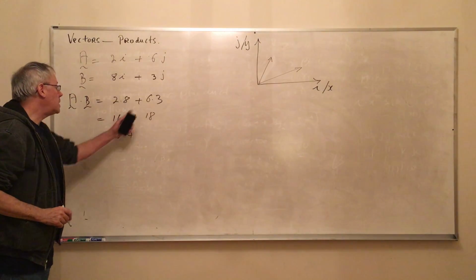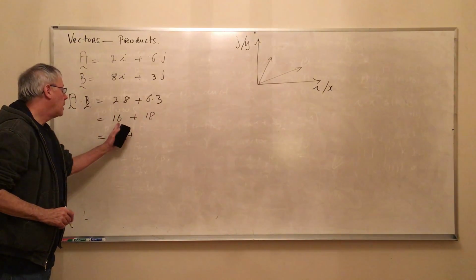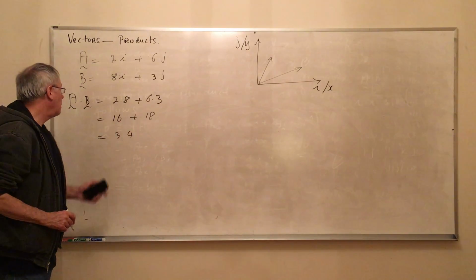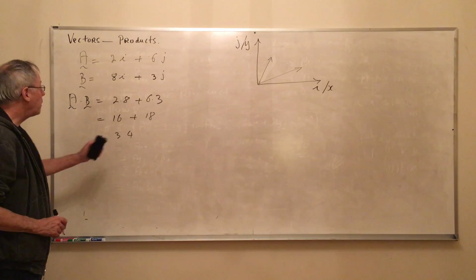So 2 8s is 16, 6 3s is 18, and 16 and 18 is 34. So this is a scalar of value 34.